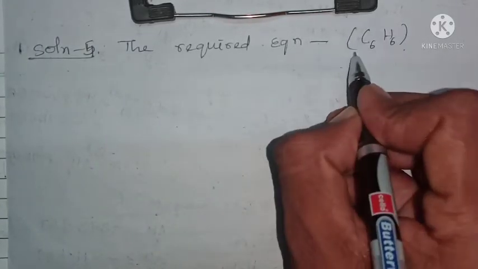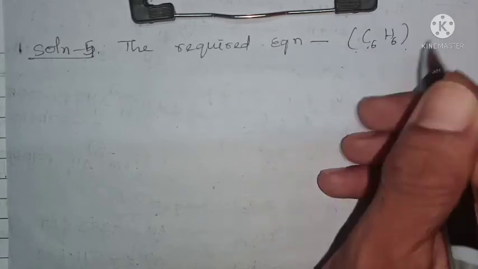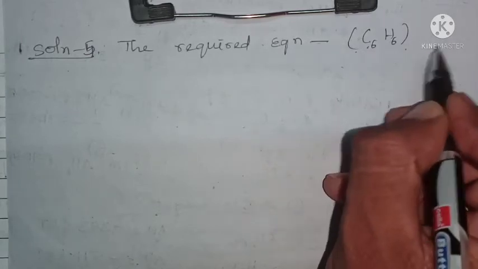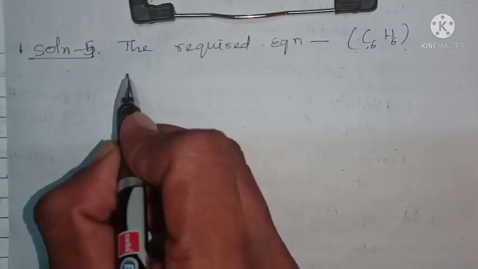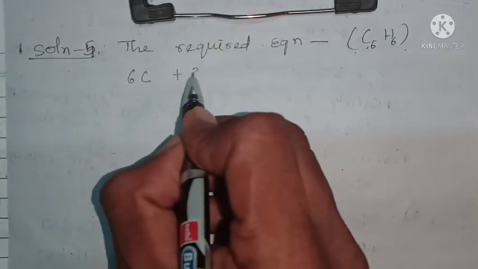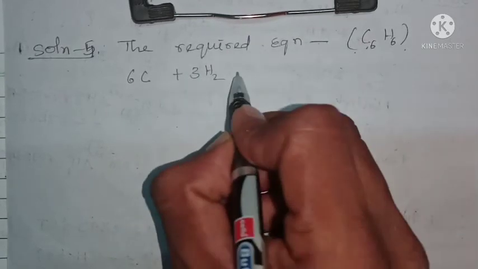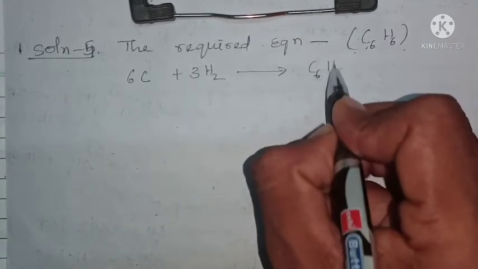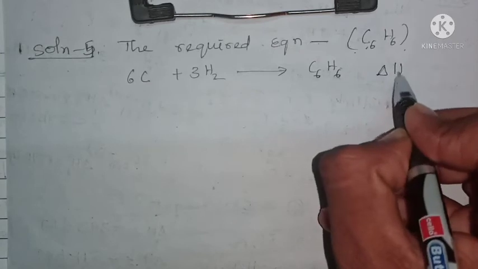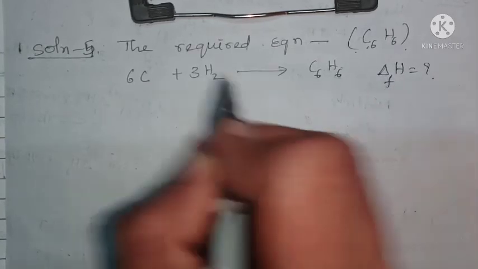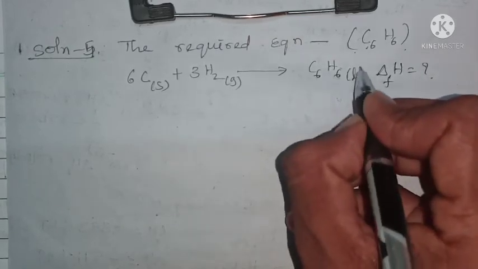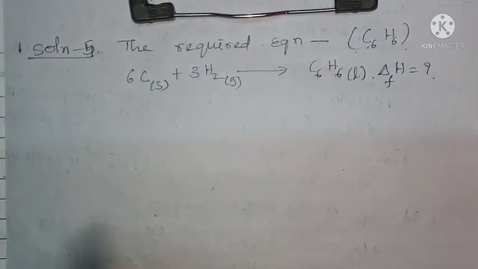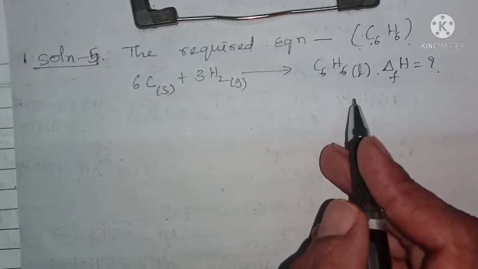For this I require 6 moles of carbon atoms and 3 moles of hydrogen molecules. So the required equation is 6 carbon plus 3 hydrogen gives C6H6. Delta H formation I have to calculate. Here solid, gas and it is liquid. So this is the required equation for the formation of benzene.